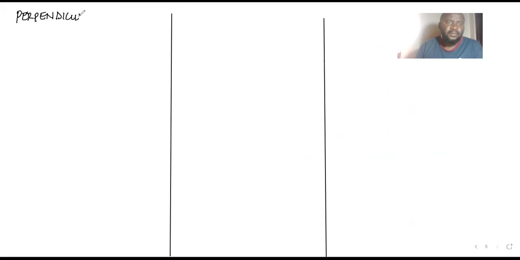Okay, the last definition is going to talk about perpendicular lines. How do we come about with perpendicular lines? So for perpendicular lines, we are going to have the following.